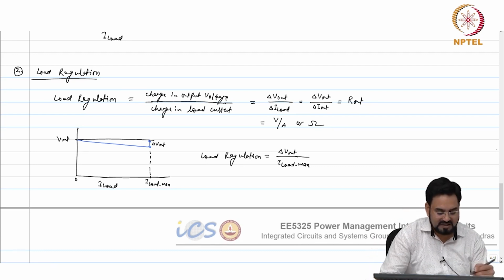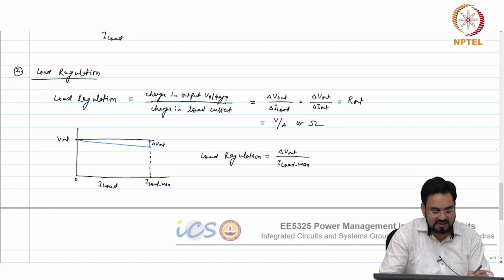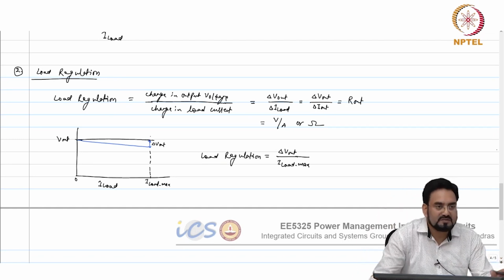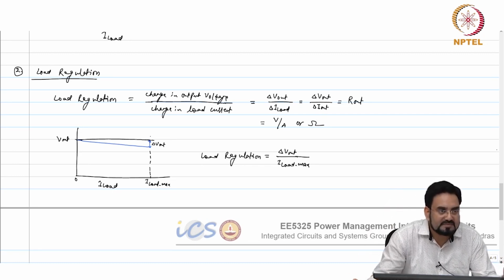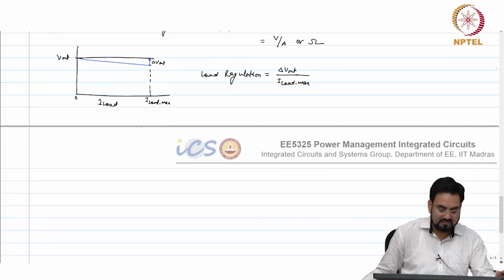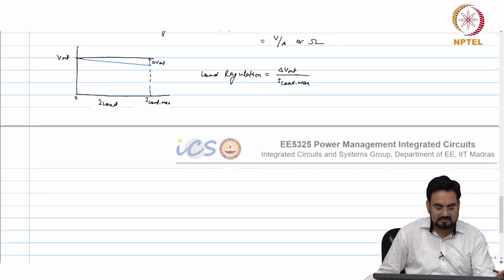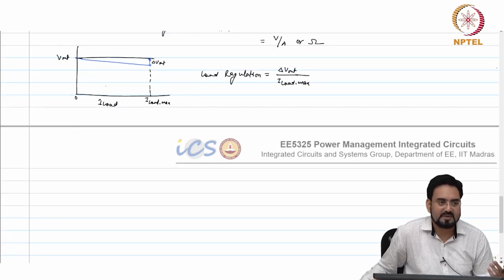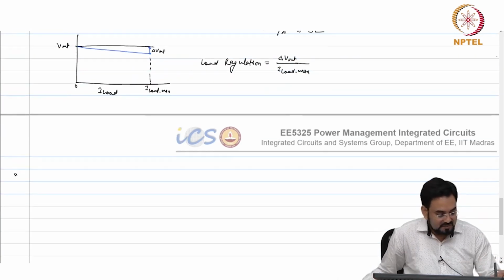If I load max is 1 amp and this maximum delta V out or deviation we see is, let us say, 10 millivolt, we can say 10 millivolt per amp is my load regulation. Which is nothing but we will say that your output impedance is 10 milliohm, you can say that also.